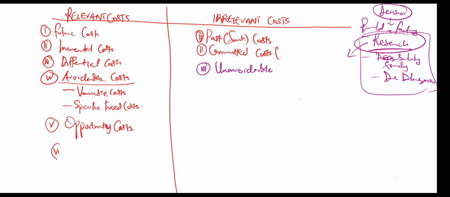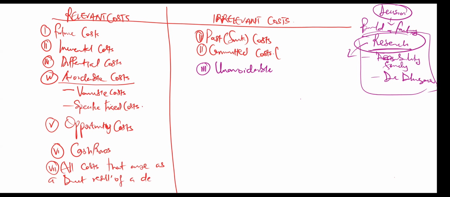Then we have cash flows. And then we have all costs that arise as a direct result of a decision. So this is what we have, right?